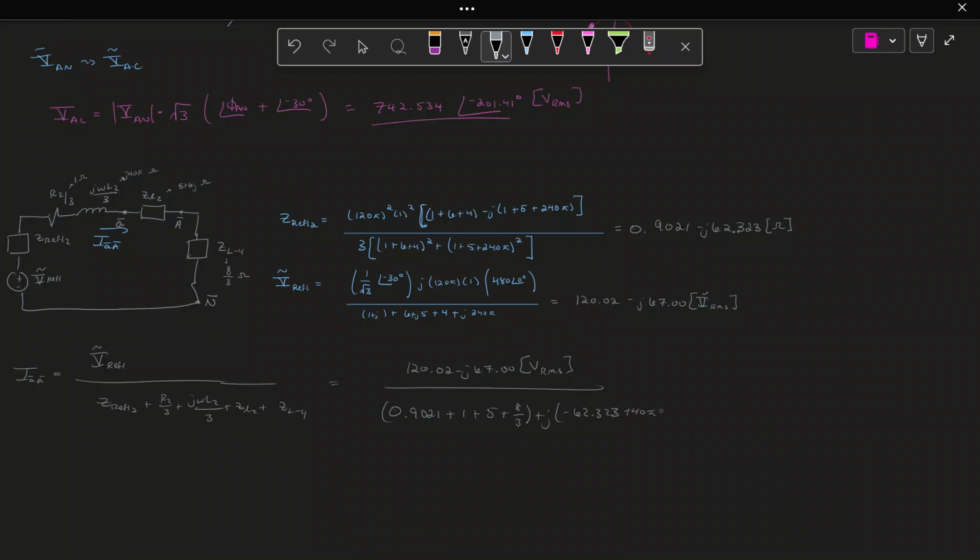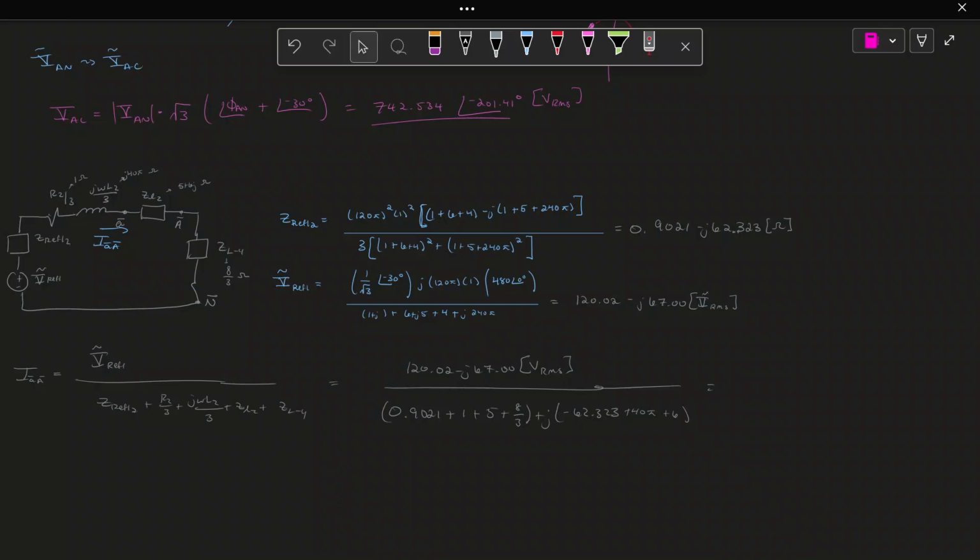But here, all we have to do is add up all of the impedances. Okay, and that's all. Now we put it into the calculator and we can solve here. So 120.02 minus j67 times 0.9021 plus 1 plus 5 plus 8 over 3 plus j40π plus 6 minus 62.323.